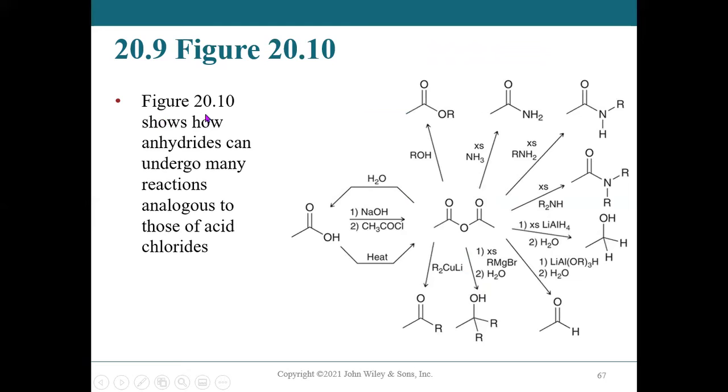So this figure 20.10 shows how anhydride can undergo many reactions analogous to those of acid chloride. And again here, first, we are converting between acid and anhydride. After we get anhydride, we can have quite a few reactions.